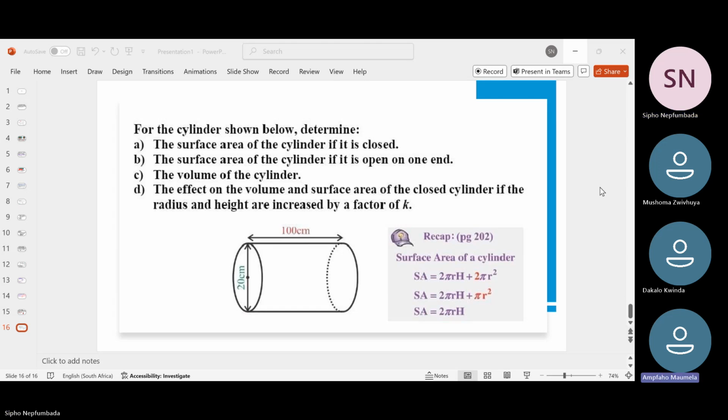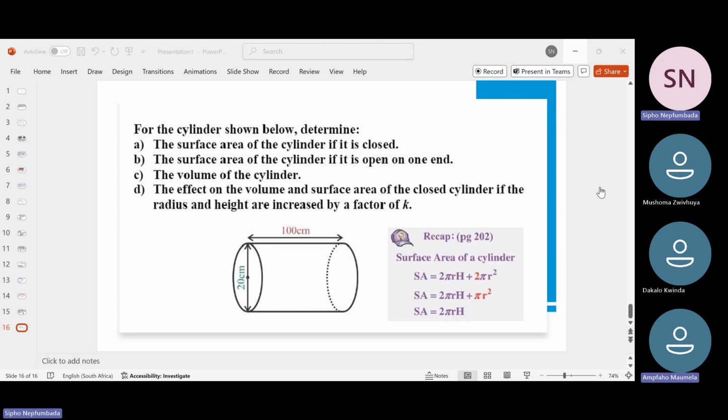For the cylinder shown below, determine the surface area of the cylinder if it is closed. And we said the formula for closed is which one? It is SA equals 2 pi r h plus 2 pi r squared. Nice one.